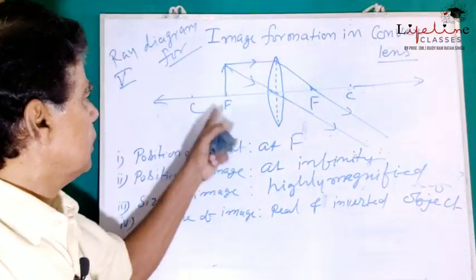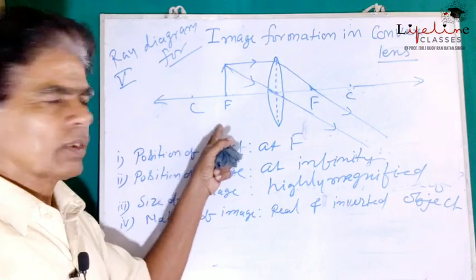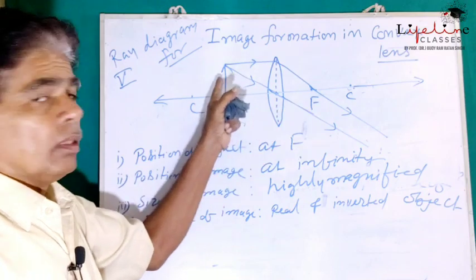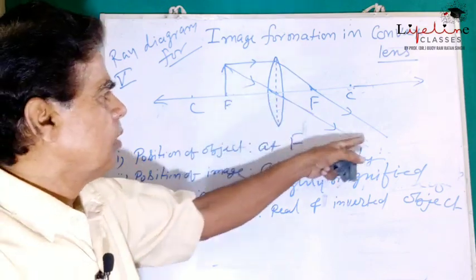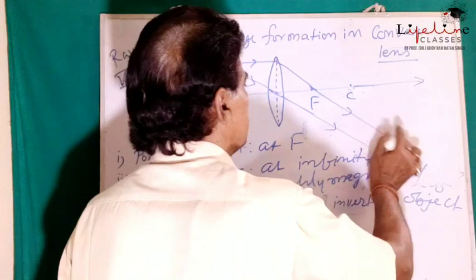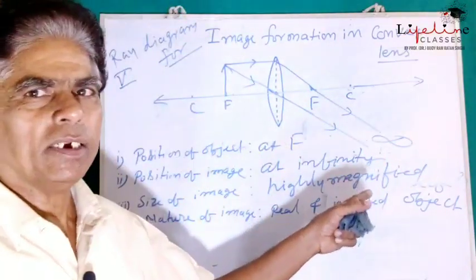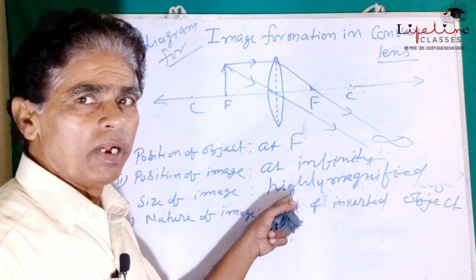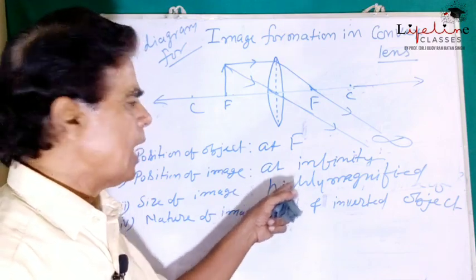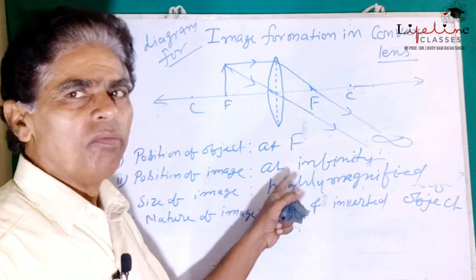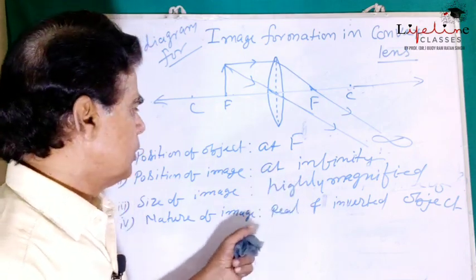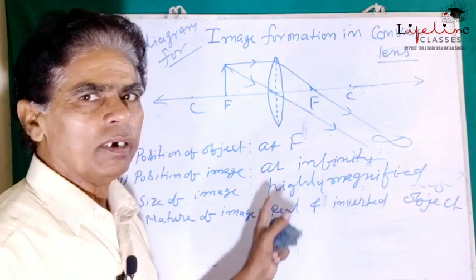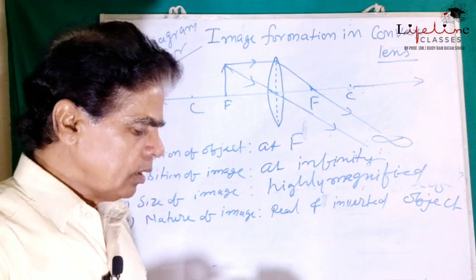Now let us see here, when the object is at principal focus F, where will be the position of image? The image will be formed at infinity. And what is the size of the image? The size of image will be highly magnified, highly enlarged. But the nature is here also real and inverted.